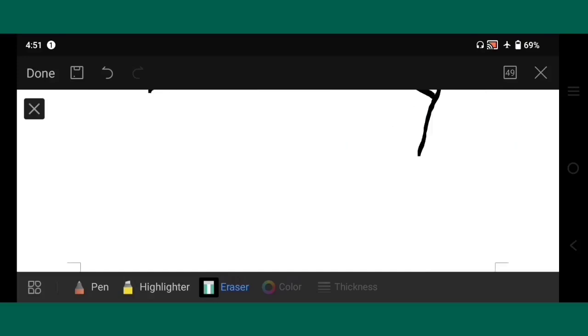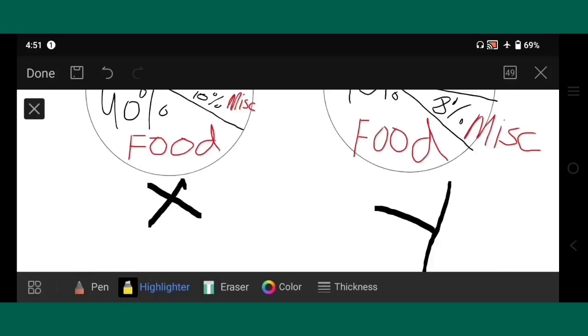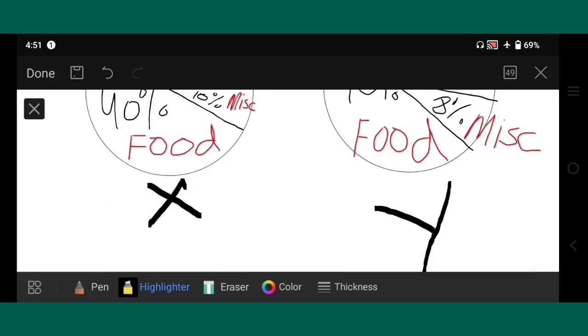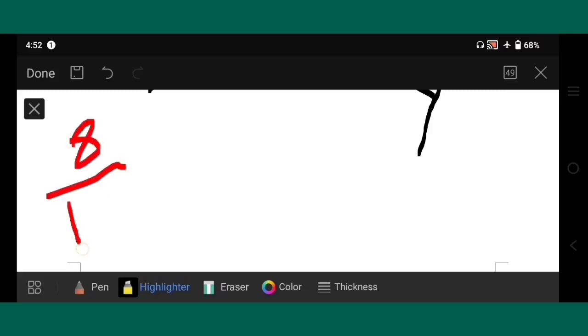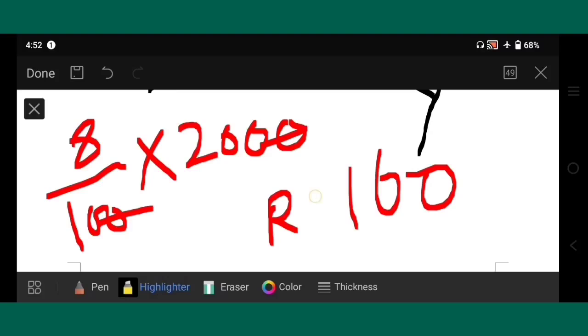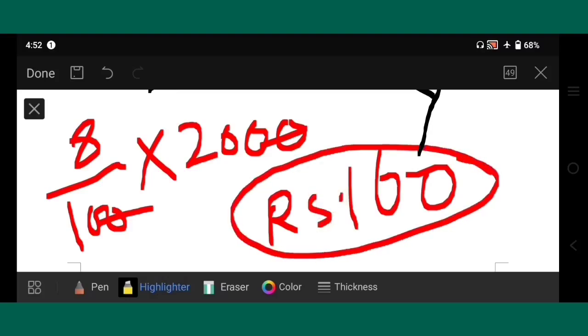Let's start from the first option, X has less savings than Y, and check whether this option is correct or not. 8% savings for family X gives 160 rupees.